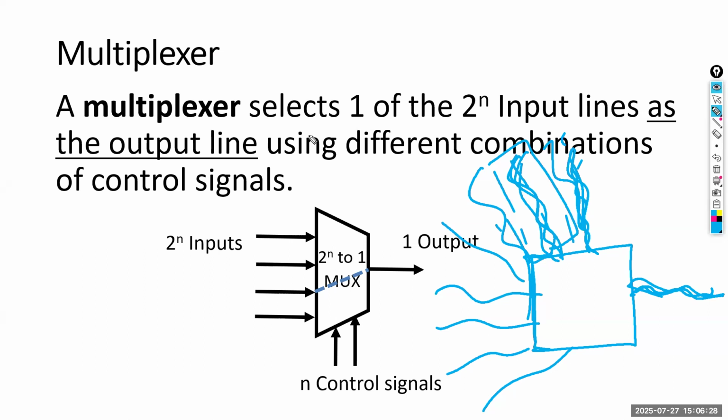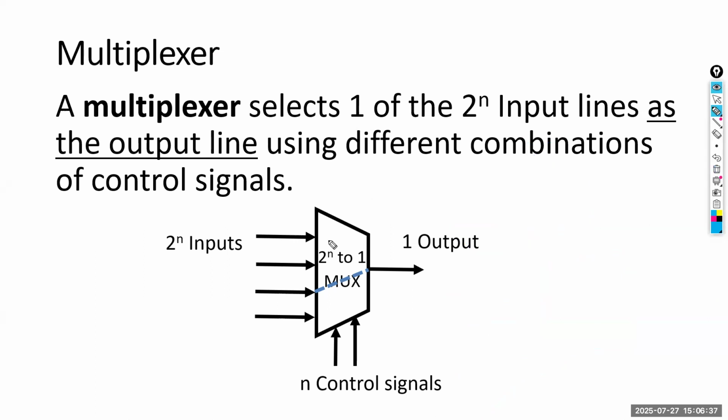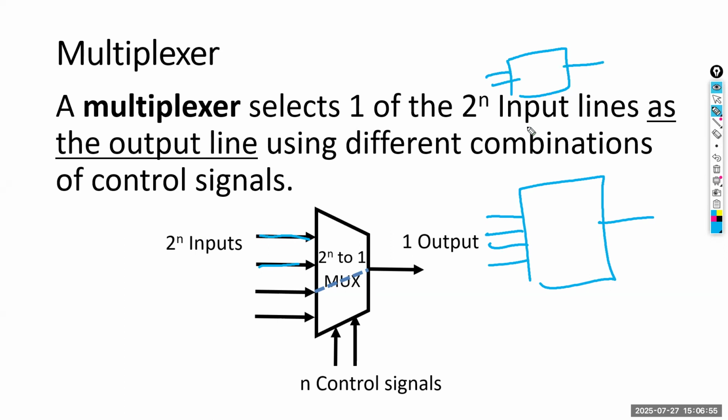That is called multiplexer. But that is an analog multiplexer. But the idea behind multiplexer is the same. In digital electronics also, the idea behind multiplexer is the same. So now we have 2 to the power n inputs, say n is 2, then 4 inputs, and only one output. Now always it is one output. So therefore it can be 2 to 1 multiplexer, 3 to 1 multiplexer, 4 to 1 multiplexer, 5 to 1 multiplexer, and so on.